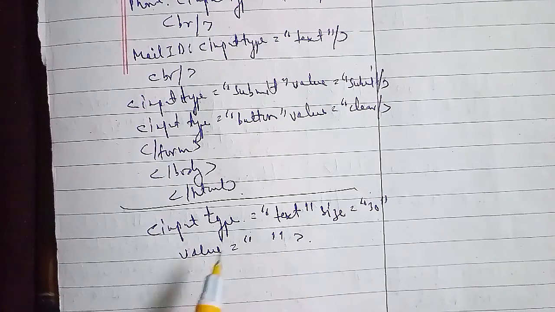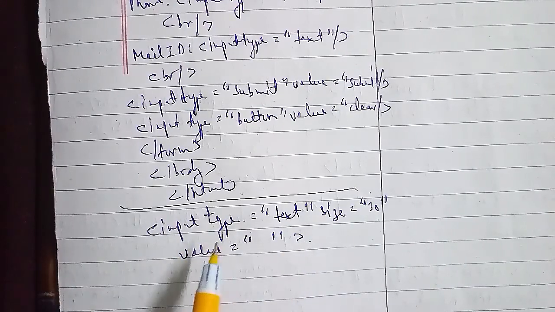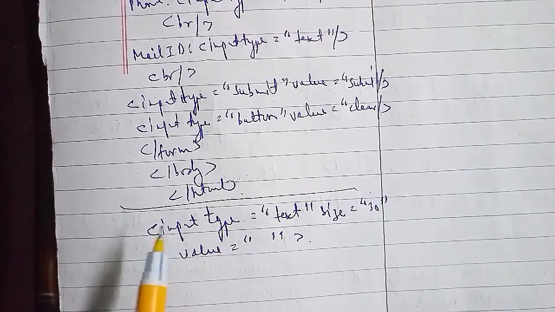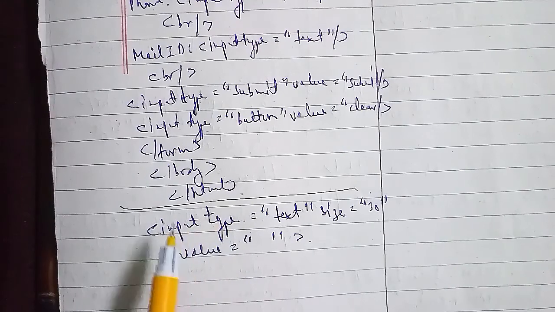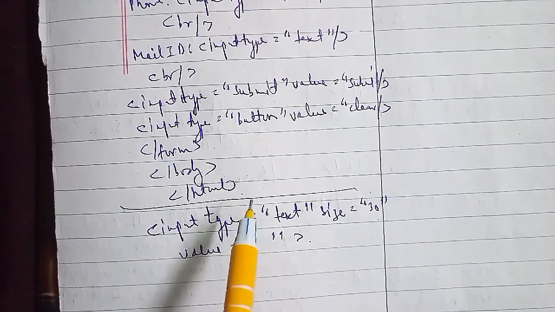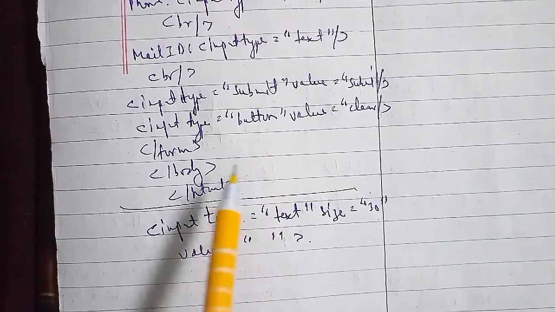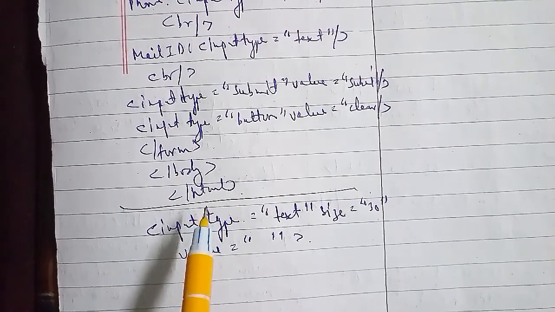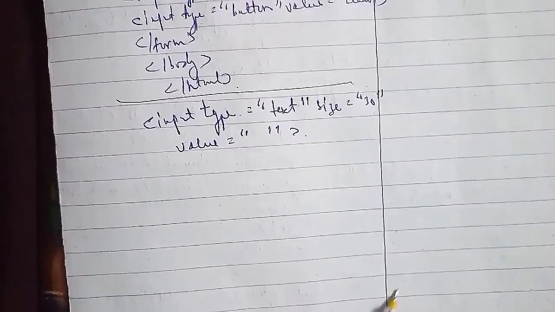So here we'll go ahead and start writing HTML, then head, title, online banking system, then close the title, and then of course head closing.